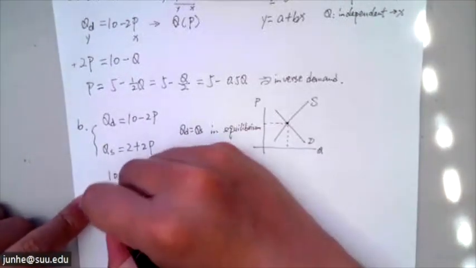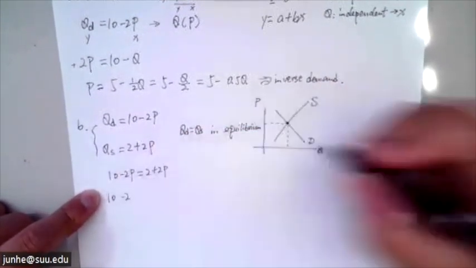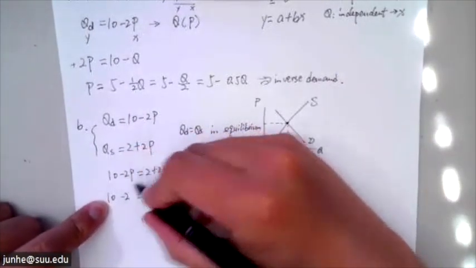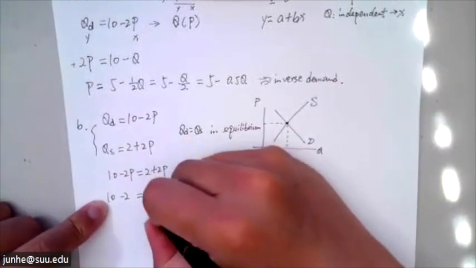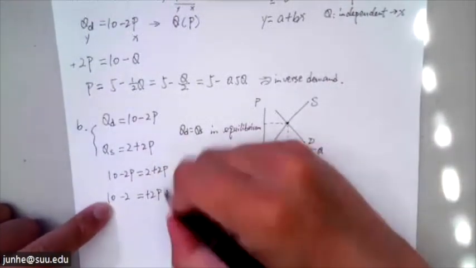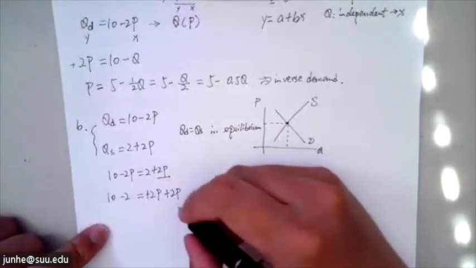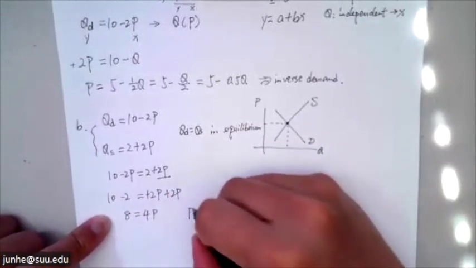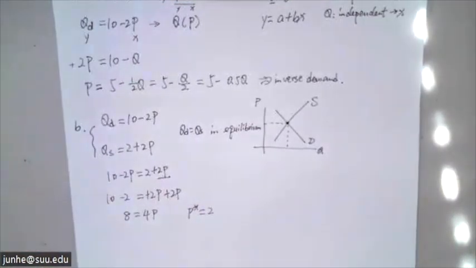We keep the 10 here, we move the 2 to the left-hand side, change the sign into negative. We keep the minus 2p, we move the minus 2p to the other side, so it changes into a positive 2p. And don't forget, there is another positive 2p. So the result is 8, which is your left-hand side, equals 4 times p. So the equilibrium price is 2.